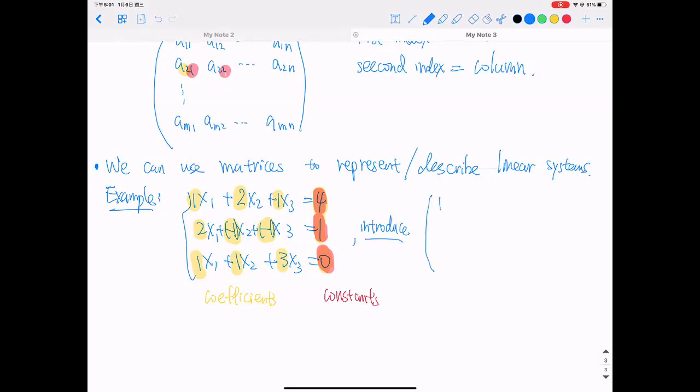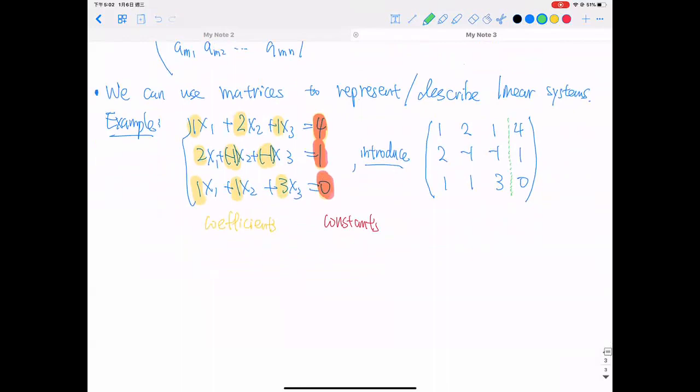Just keep the coefficients and the constants in their positions. 1, 2, 1, 4. 2, minus 1, minus 1, 1. 1, 1, 3, 0. Okay. And if you want to remind yourself about the difference between coefficients and constants, you could put a dashed line here. And this is a matrix, as you can see.